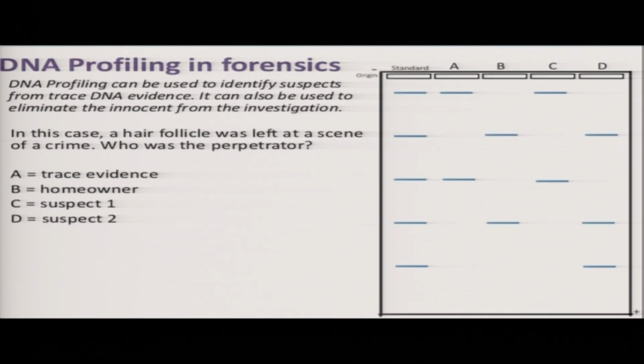Remember, we said the matching. If this is the standard, so our samples are here. Is it A, or B, or C, or D? So we need to look for areas where we have matching. And we roll down until we find where we actually have a component.